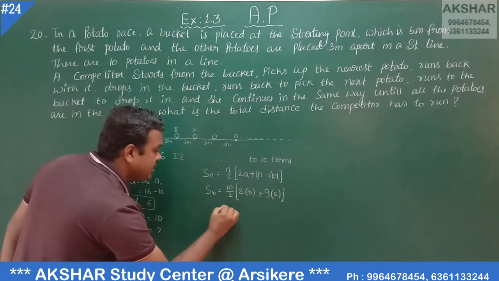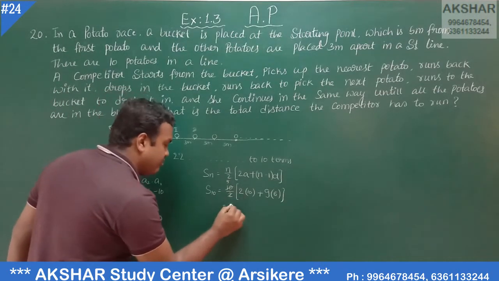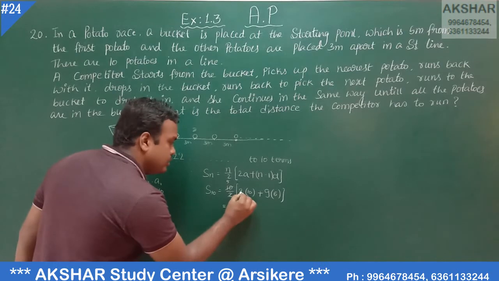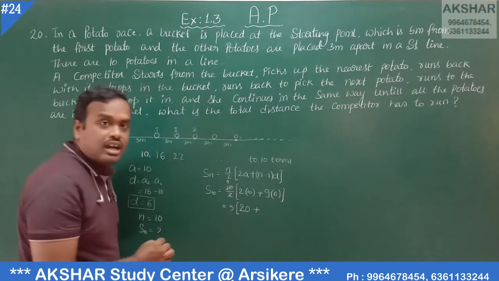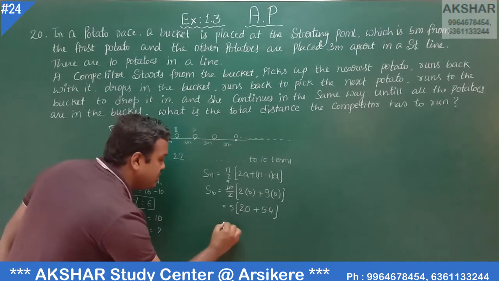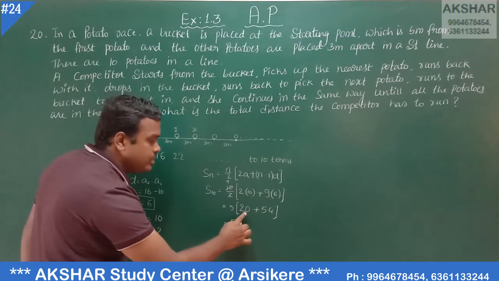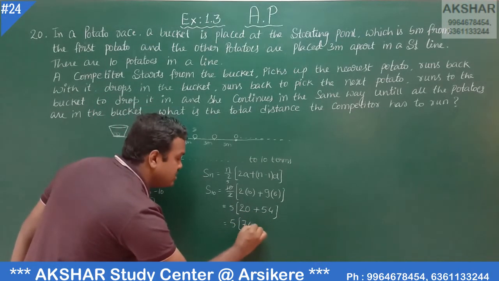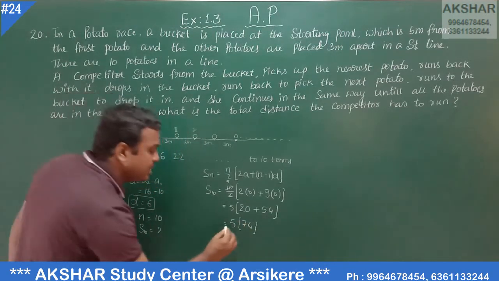Okay, which is equal to, we will simplify here, 2 1s are 2, 5 into 2 10s are 20, plus 9 6s are 54, which is equal to 5 into, plus is there, we need to add 20 plus 54 is 74. Is it correct?